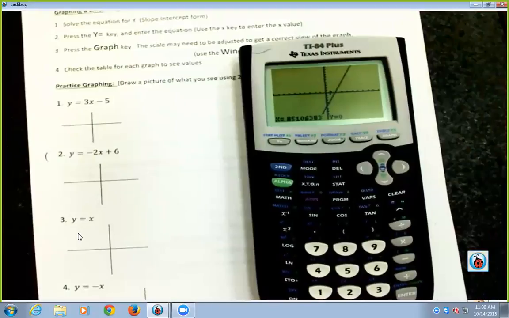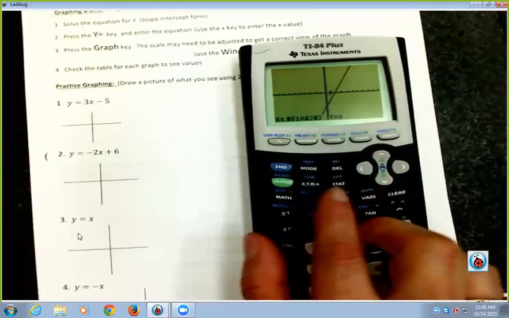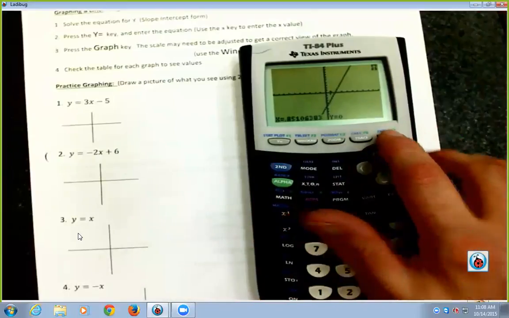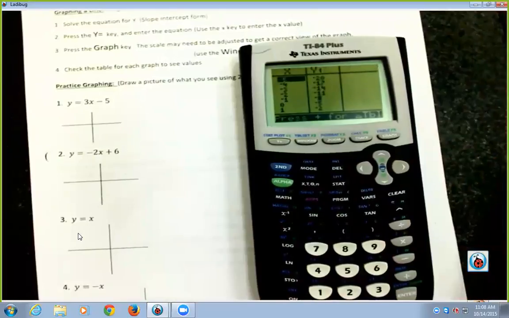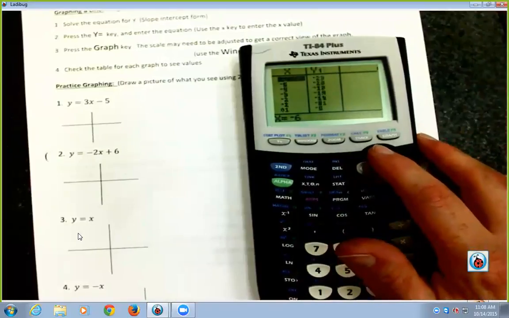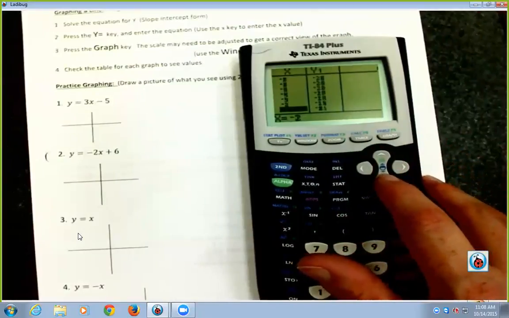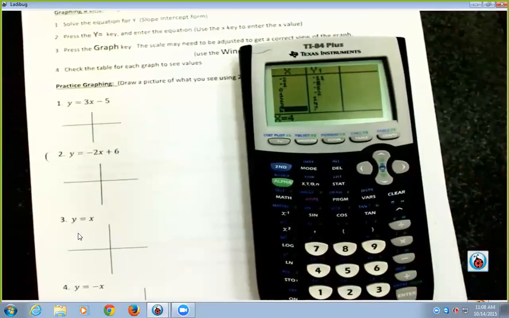Back in 4.1, we were having to find points. 4.1 said, plot some points, give us an idea what this graph looks like. The neat thing about your calculator is we can now go second, hit your table, and we've got a whole gob of points in here. Notice it gives me all kinds of different values. I can keep going up and down on my negatives and my positives. So you might be at a different location than I am.